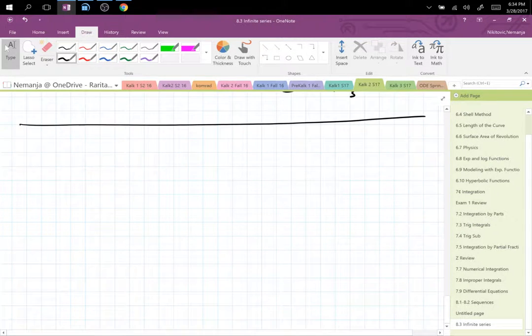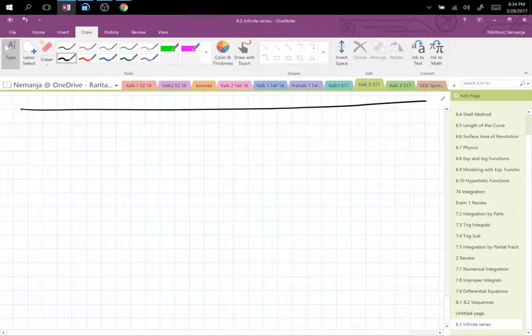As I said before, we are exploring a mathematical concept which adds infinitely many numbers. So that's it. Now, those numbers are ordered because of the sequence, and we want to know if those numbers add to infinity or add to a finite value.